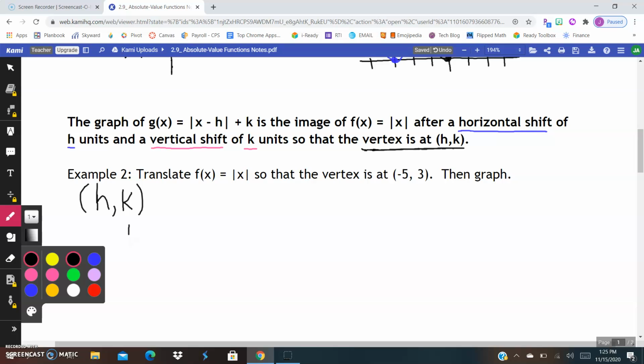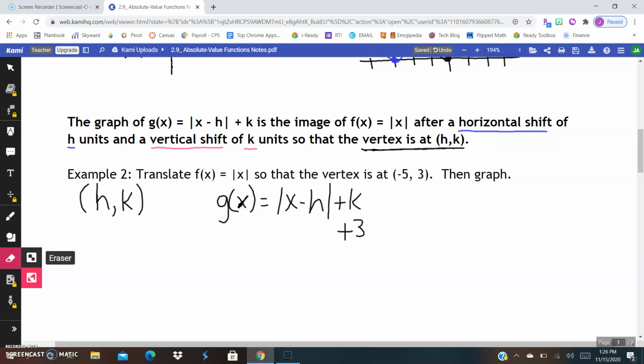So that's a +3, so we can put +3 at the end. Actually, if I write it like this, if I copy this down, we can fill in what we know. So we know this is +3, and then we also know that h is -5. So if I plug in a -5 in for h, I'm going to have x minus -5, which is going to turn into a +5.